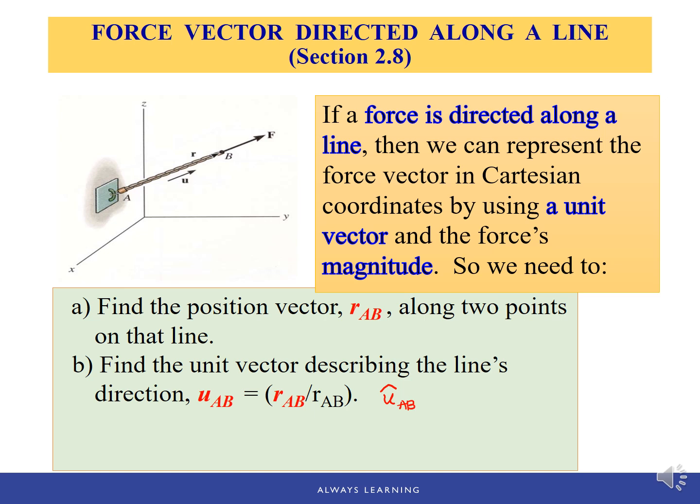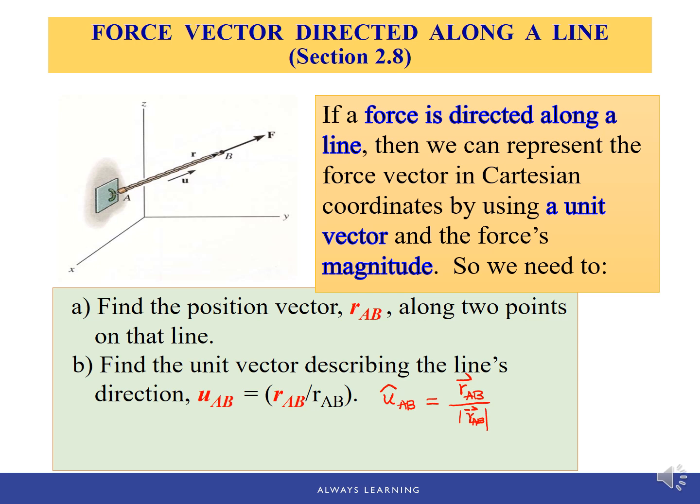So this direction is along the AB direction. The unit vector equals the position vector RAB, which is defined by the 2 points on the line of action, divided by the magnitude of RAB.